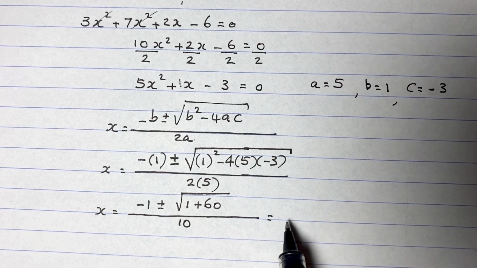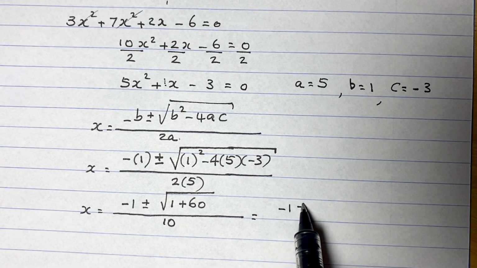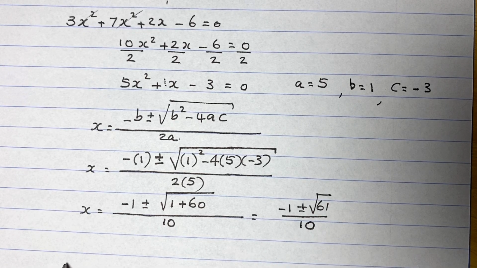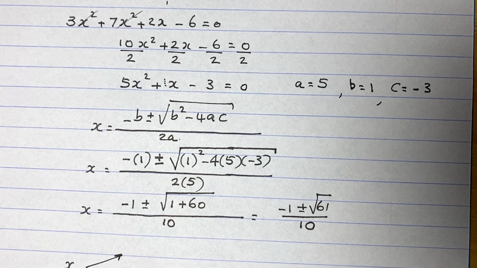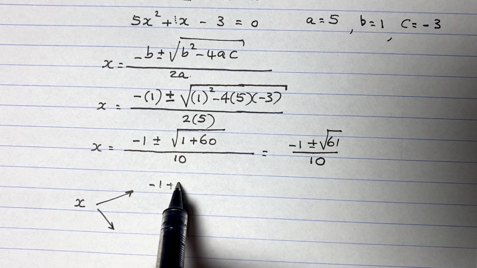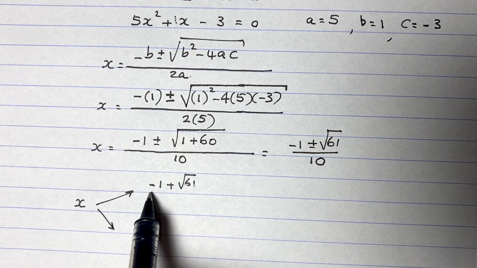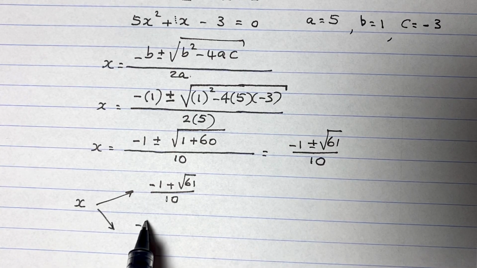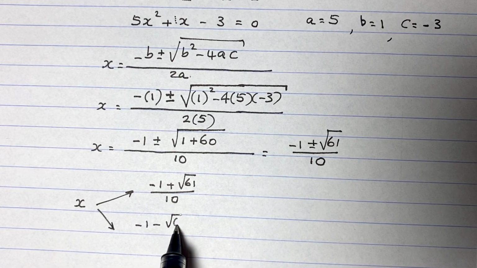So we have minus 1 plus or minus the square root of 61 over 10. As an exact value, we have 2 values for x. x would be minus 1 plus root 61 over 10, and minus 1 minus root 61 over 10.